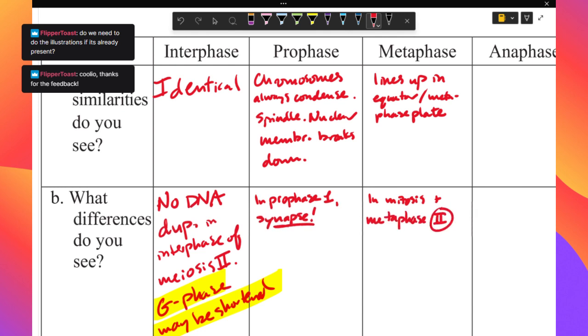The 2 here implies that this is meiosis. Individual chromosomes line up, but in metaphase 1, the synapsed pairs line up.